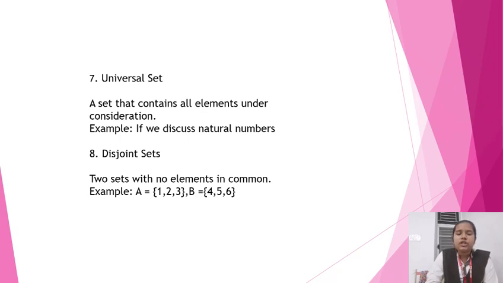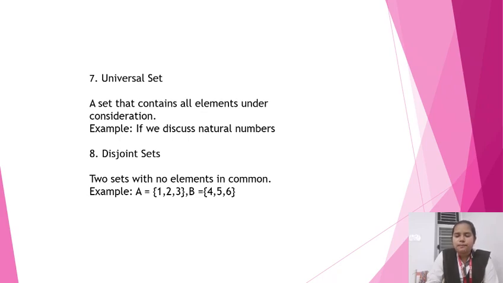For example, A = {1, 2, 3} and B = {4, 5, 6}. Here set A and set B contain 3 elements but these sets do not contain common elements. A contains 1, 2, 3 and B contains 4, 5, 6. Each set has different elements, so they are called disjoint sets. This is about disjoint sets.